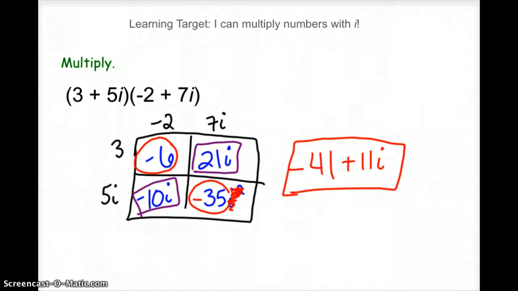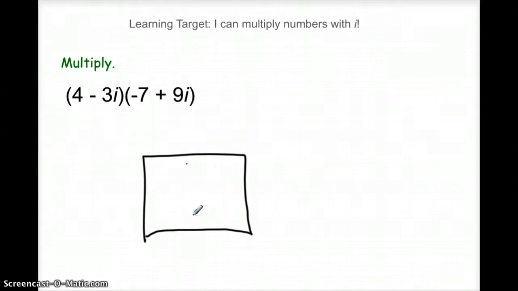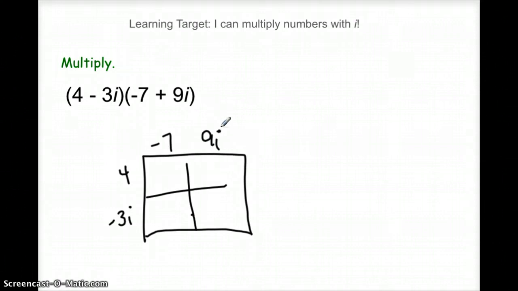All right, we got a couple more here. Some FOILing ones. Again, let me make my box real quick. All right, so 4, negative 3i, negative 7, 9i. I'm going to go quick with my multiplication, all right? 4 times negative 7, negative 28. 4 times 9, 36i. Negative 3 times negative 7, 21 positive with an i attached. Negative 3 times 9, negative 27, but then I have 2 i's, so I'm going to make that i squared.